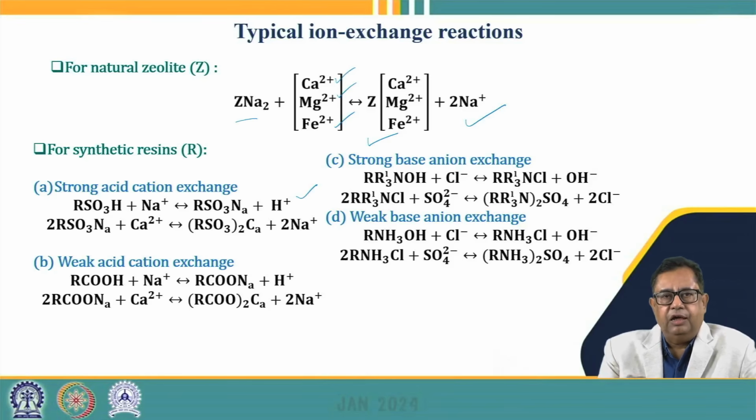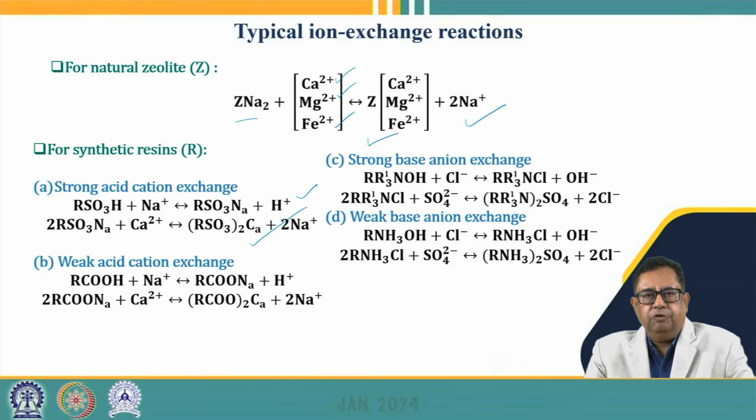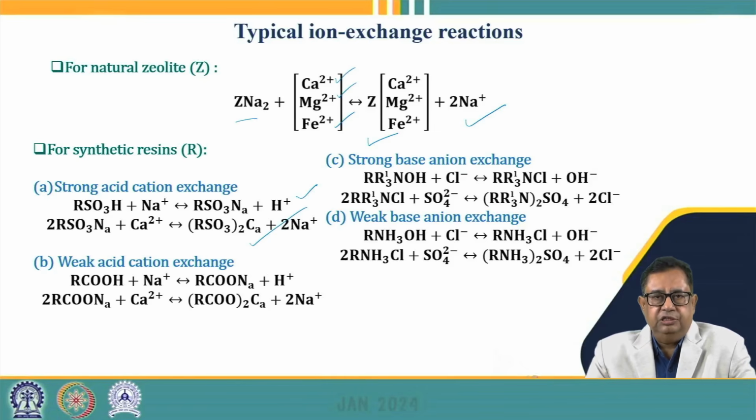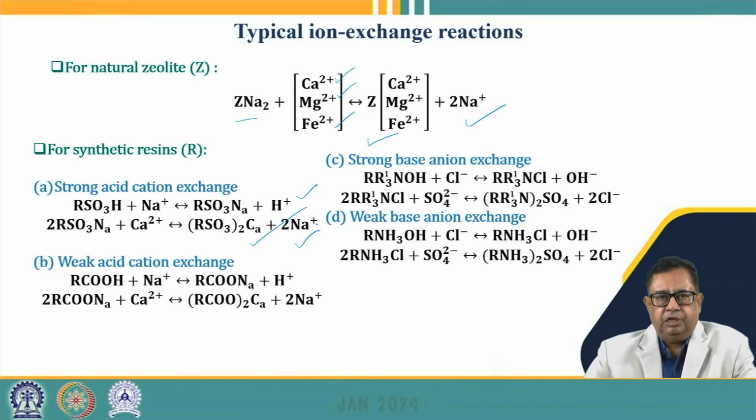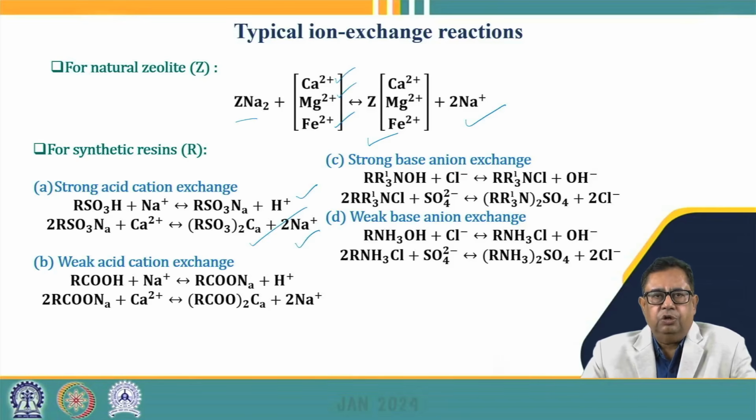Generally the divalent cations or divalent anions can replace monovalent cations or anions. So here calcium will replace sodium, and we see that RSO3Ca becomes the general formula for this exchanged resin, and the sodium again goes into the solution. So that is how the chemistry of the strong acid cation exchange resin, or any resin basically, works.